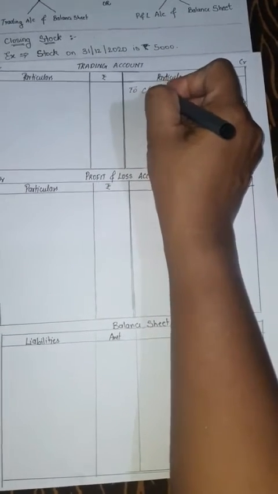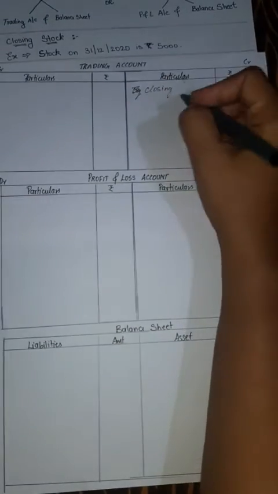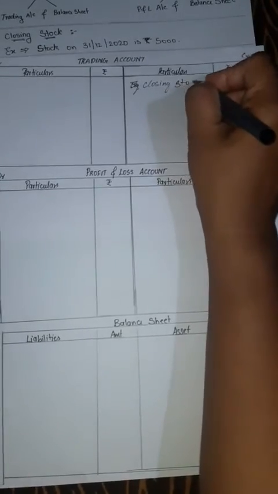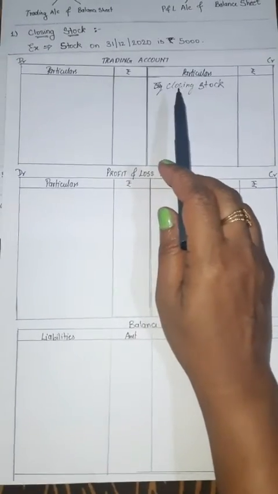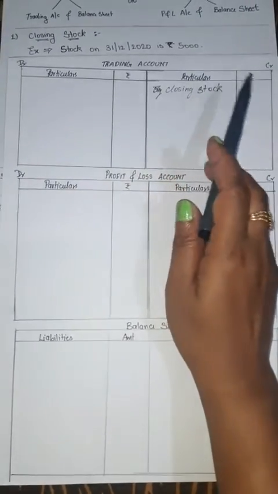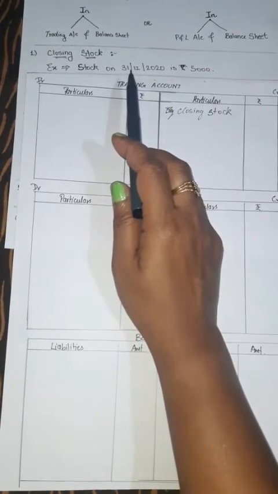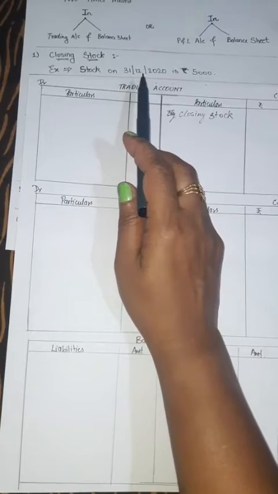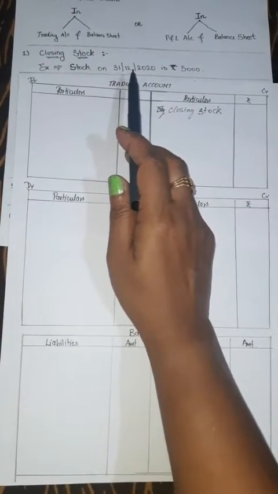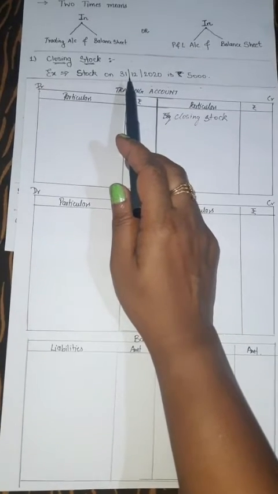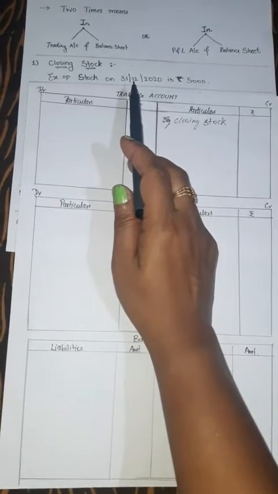So I will write here, by closing stock. Closing stock will be shown on the credit side of trading account. Suppose our financial year comes to a close on 31st December 2020. You know that some firms close their financial year on 31st March or 31st December.